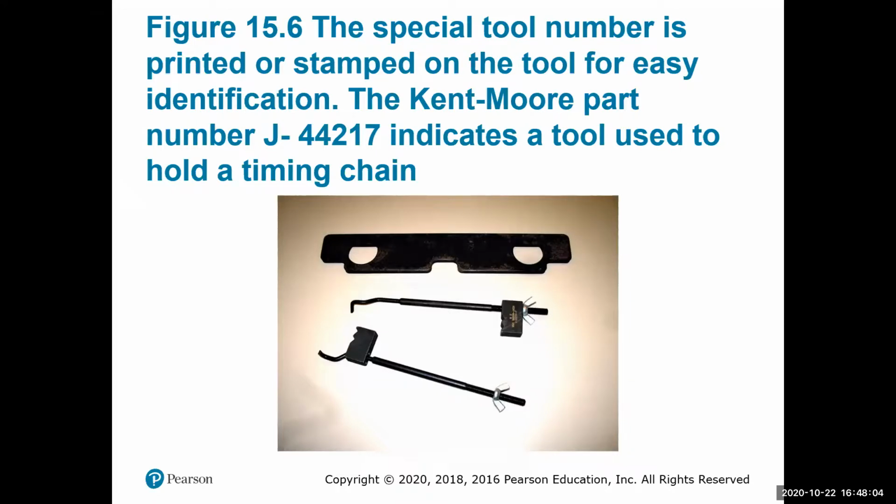Not every engine is the same. This is a good example right now. This one actually requires you to have these tools to hold the camshafts in place when you're changing, and what I'm taking from this slide here is changing a timing belt or some kind of engine component like that.